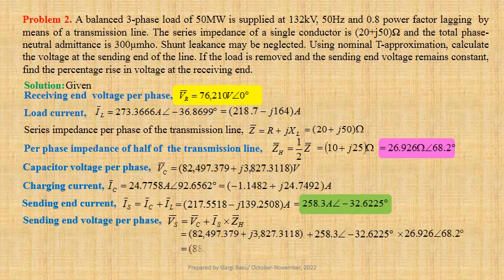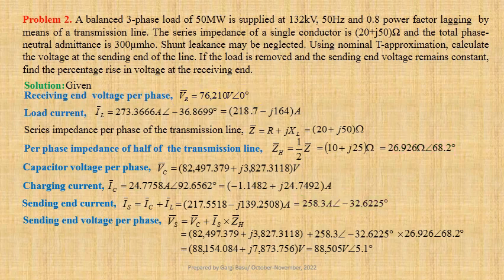That gives us 88,154.084 plus j times 7,873.756 volt. This may be written in polar form as 88,505 volts at an angle 5.1 degree.